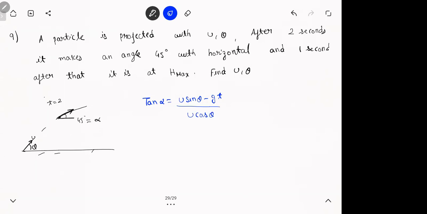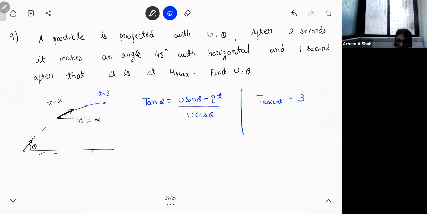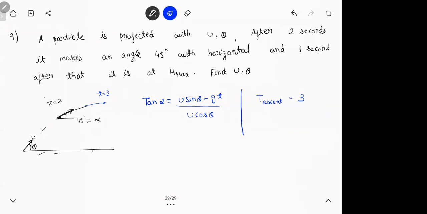This is one piece of information given. Second information, you're reaching H max in how much time? 3 seconds. What is that time called? Time of ascent, isn't it? Initially, you took 2 seconds, then you took 1 more second. So indirectly, that is time of ascent. In 3 seconds, you reached H max. So time of ascent is 3. So these are the two pieces of information you have with you.